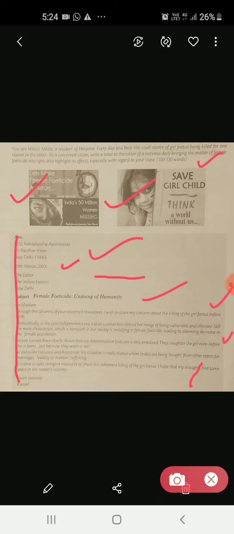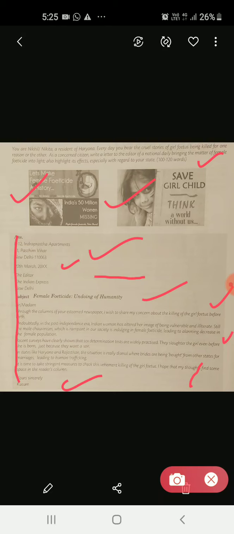In the last paragraph, it is time to take stringent measures to stop this vehement killing of girl fetus. I hope that my thoughts will find some space in your column. So, what is being asked in the third paragraph, the concluding paragraph, is a request, a hope that this article gets published and this issue is highlighted and people can understand the importance of having a balanced ratio of men and women in society.